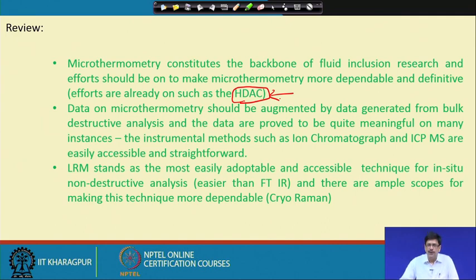And only if we could somehow overcome the problem of the multiple generations of inclusions, or keeping in mind the uncertainties that we are introducing, and situations corresponding to low temperature epithermal environment in which these inclusions are not subjected to much later re-equilibration or later disturbances, the ion chromatographic method could be a very efficient technique to further characterize the inclusion fluid in terms of their concentration of different cationic species.